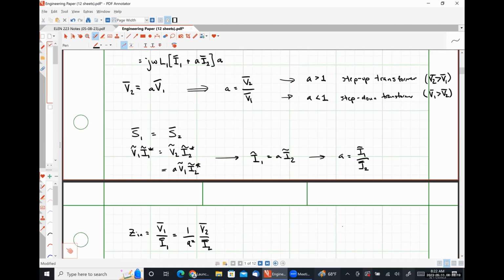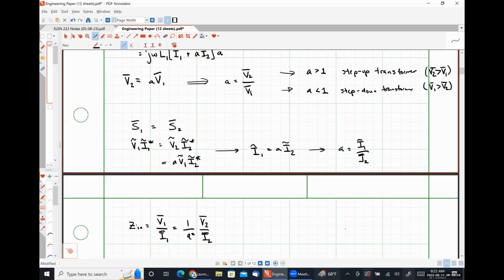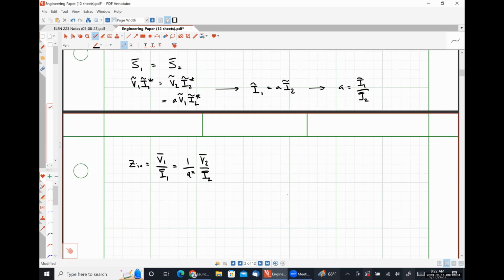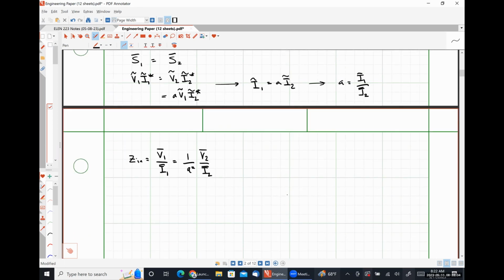We can see that V1 is equal to V2 over A, and we can see that I1 is equal to A times I2. Putting those two relationships together, we get this. Well, V2 over I2 is nothing more than our load impedance. So we're going to have our load impedance ZL divided by our turns ratio squared. And that is our reflected input impedance. That's all we see, right?